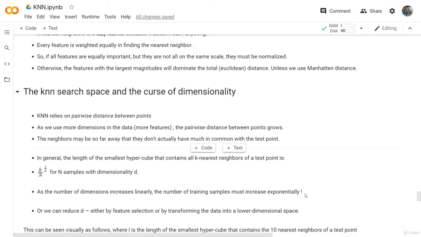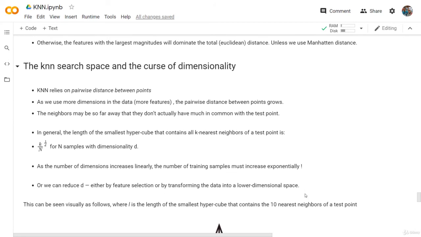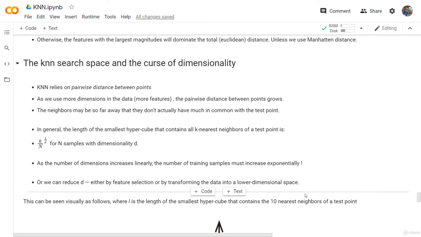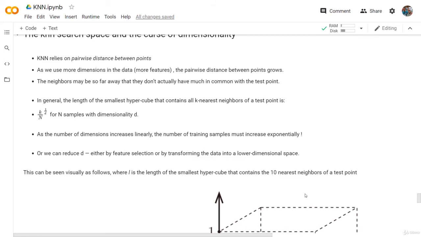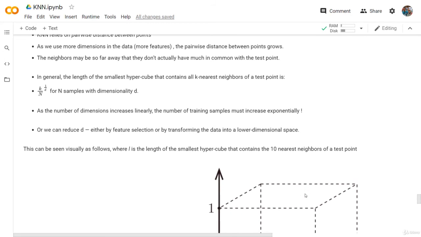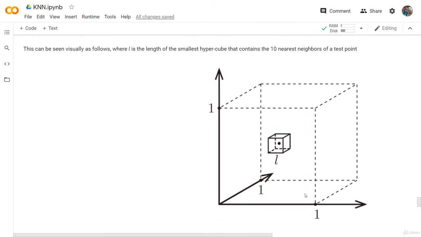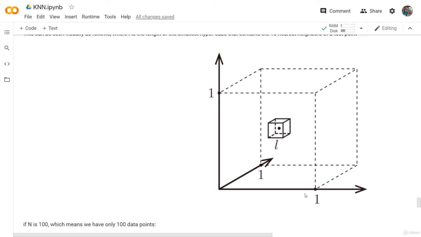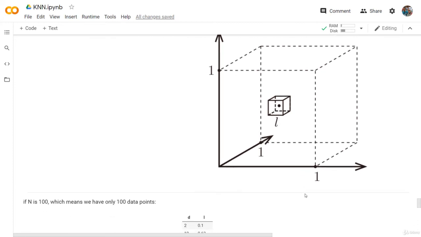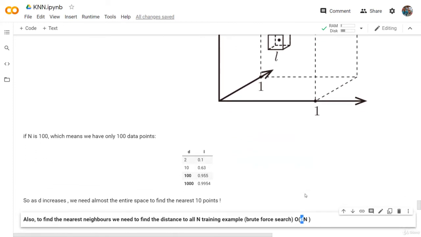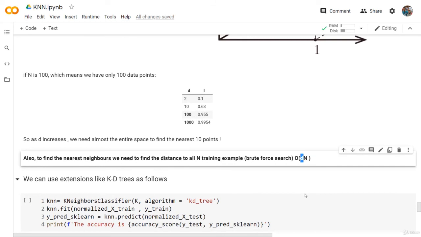The search space is O(dn), and the curse of dimensionality is basically when we increase the number of dimensions linearly, then the time and the search needed to find the k nearest neighbors increases exponentially, not linearly.